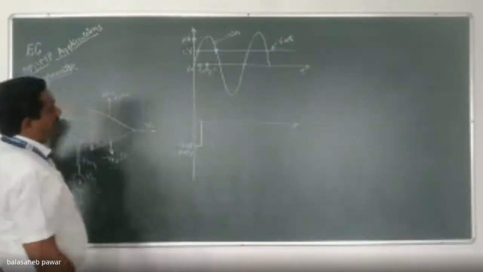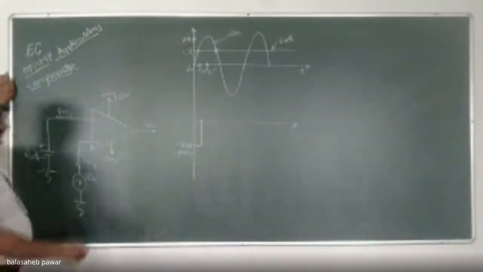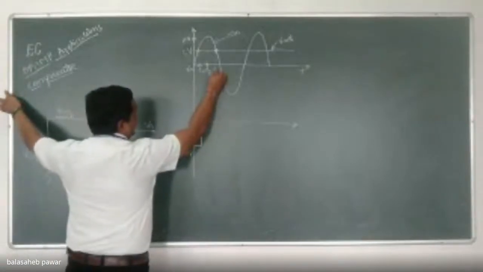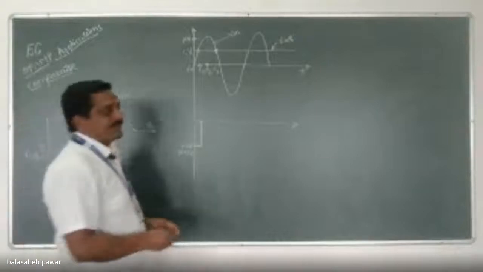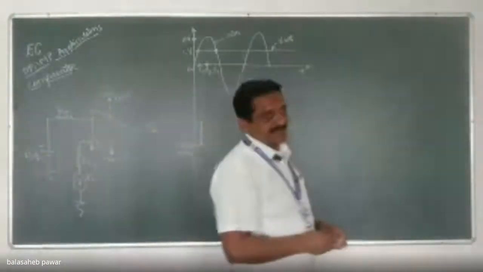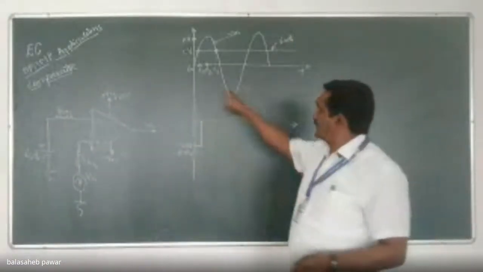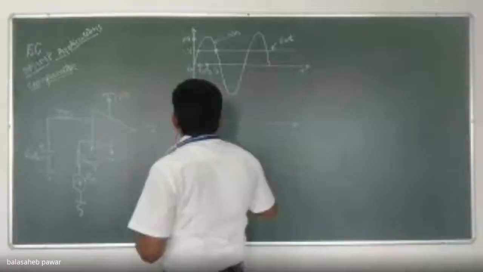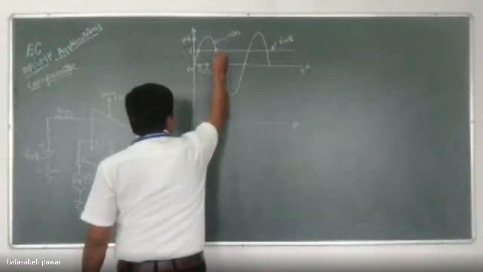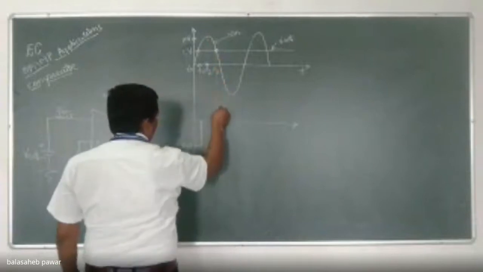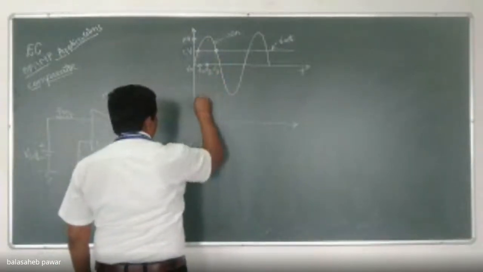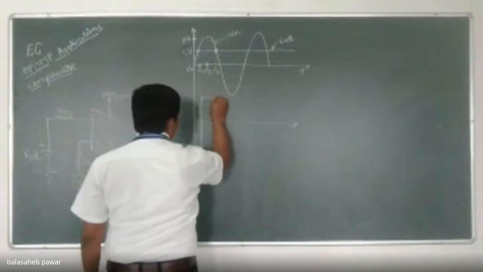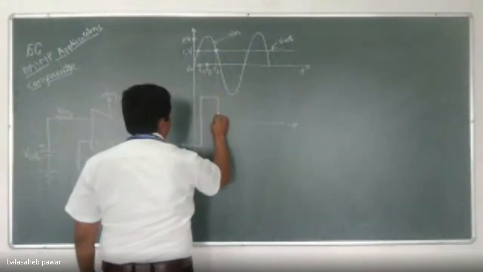And it will remain at plus Vsat until V in again comes back to equal the reference voltage, that is nothing but 5 volts, as shown over here, that is at T3, right? So for the time period T1 to T3, the output of this circuitry will go to plus Vsat, like this.